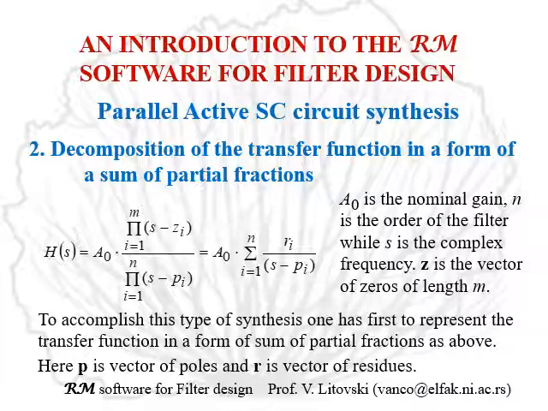To perform parallel realization, one needs first to decompose the transfer function into partial fractions, a sum of fractions. Here is the expression of the conversion. On the left-hand side, we have the transfer function, which is represented as a ratio of two polynomials expressed as products.